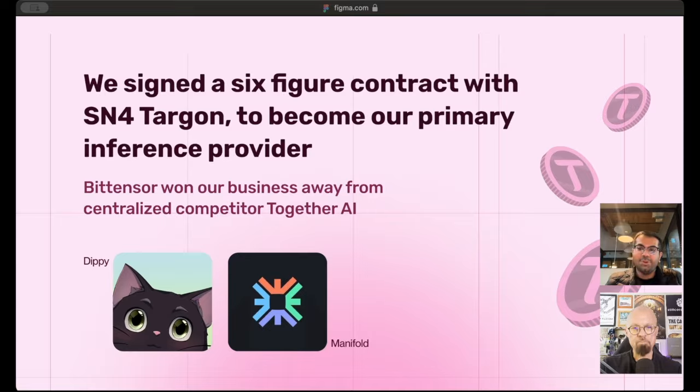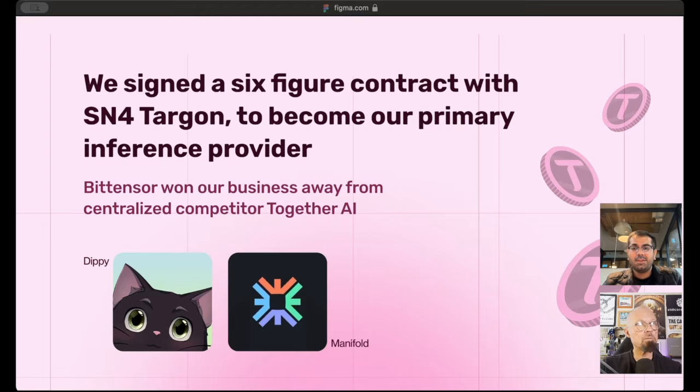And in the end, it was pretty clear to us that Targon's much better than them. Not only in terms of the pricing, but also how quickly they move, the support that they were able to offer us, the amount of progress that they were able to make on the product side to suit our specific needs was just insane compared to, say, Together AI.